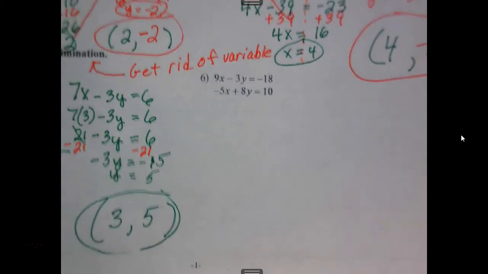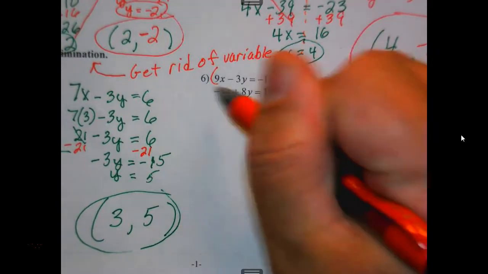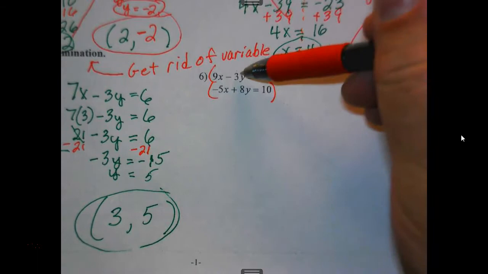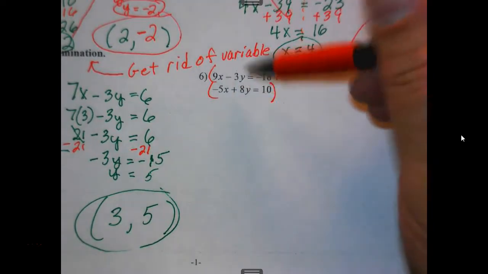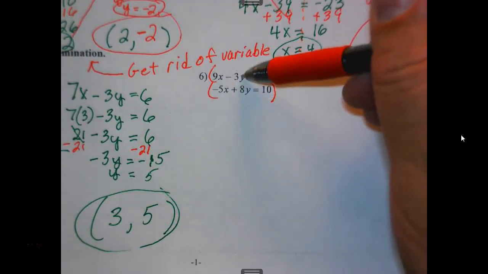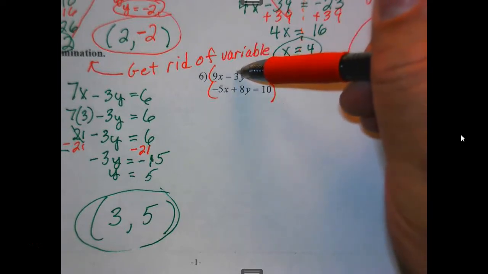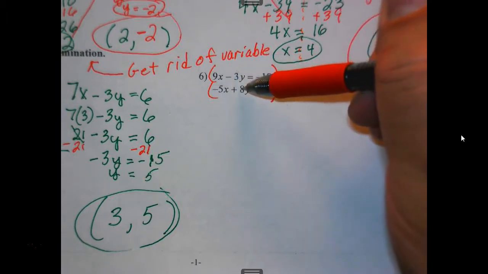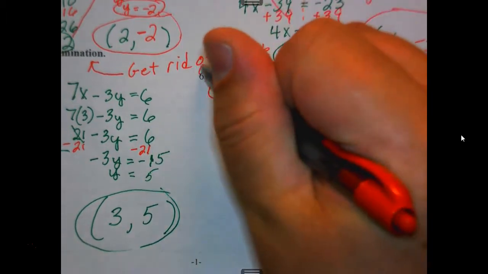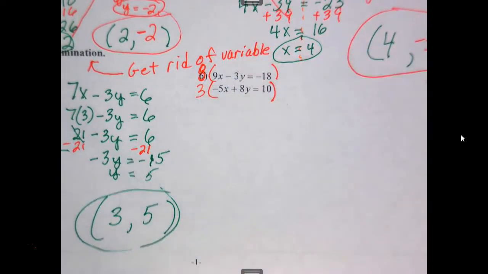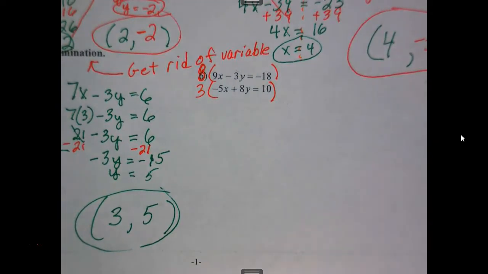Say I want to get rid of the y's. Now you could do this with any elimination problem. If you choose the variable you want to get rid of, just multiply each equation by the coefficient of the other. So this coefficient is 3, this coefficient is 8, so multiply the top one by 8, and multiply the bottom one by 3. This will always work. Now the numbers may be bigger, but it'll always work with every elimination problem.